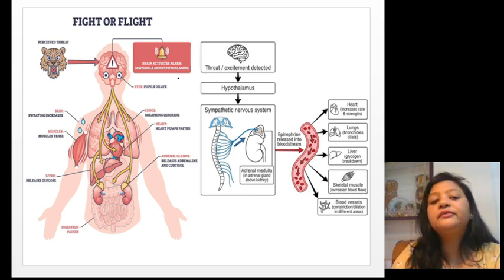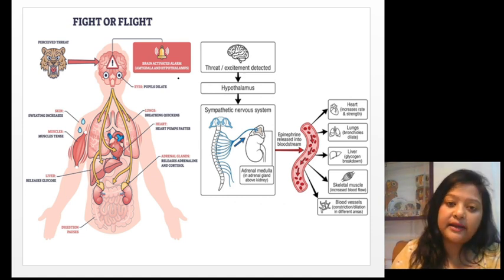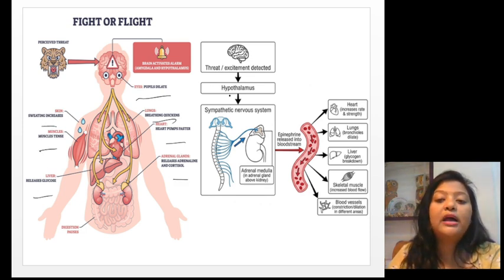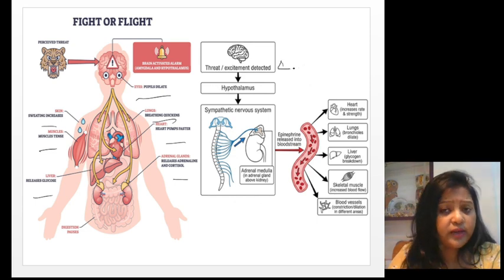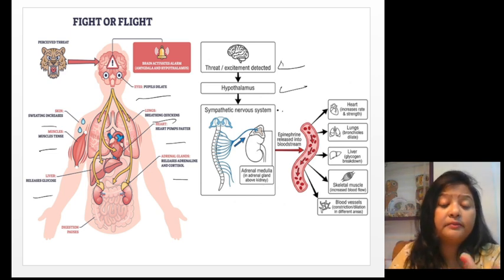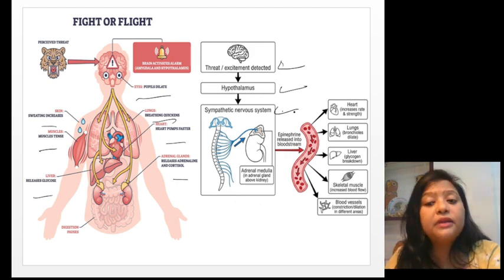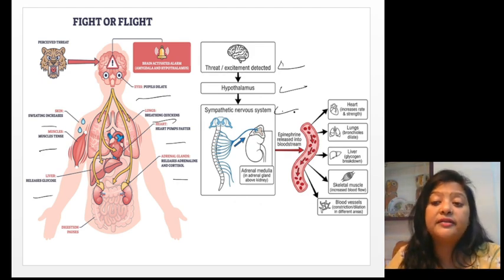When the amygdala gets activated, the hypothalamus also gets activated. Then the sympathetic nervous system starts working. You can see all the functions occurring here, which are all sympathetic nervous system. So from threat to amygdala to hypothalamus to sympathetic nervous system, this leads to the release of epinephrine and cortisol in the bloodstream.